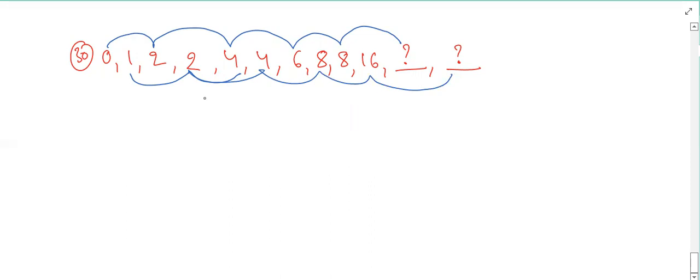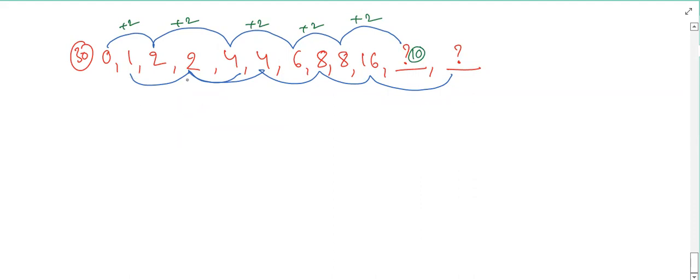Logic: 0, 2, 4, 6, 8. Means can I say it is plus 2? Yes. So the answer is 10.